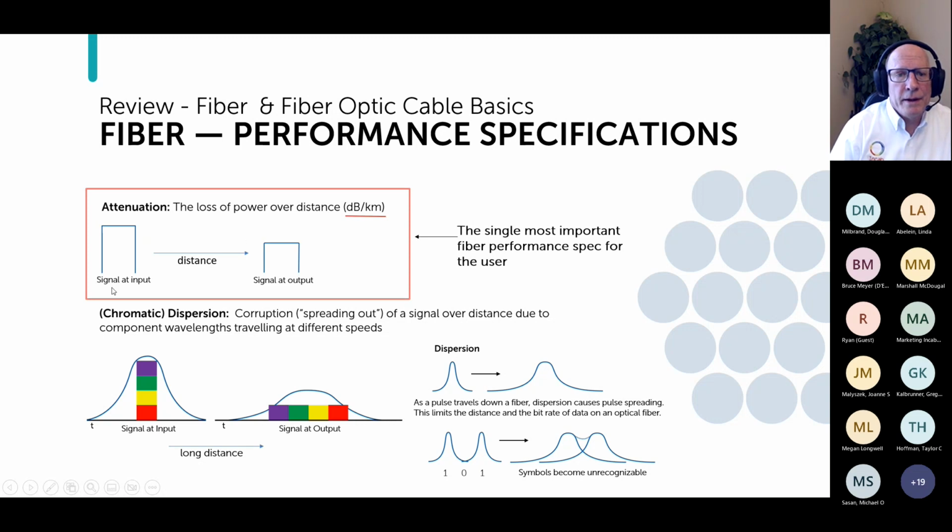What that means is that at the beginning of the cable, you've injected a certain amount of power, so your signal has a certain amount of power with it, but over distance, you've lost power. So the signal at the output is lower. Chromatic dispersion is another important fiber performance specification, but we're not going to talk about that today.